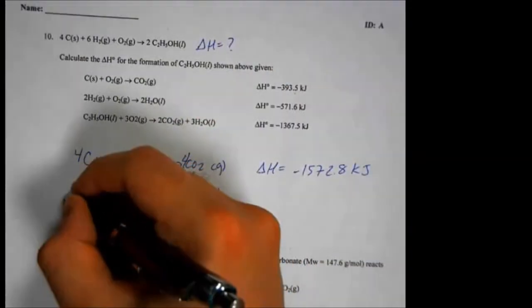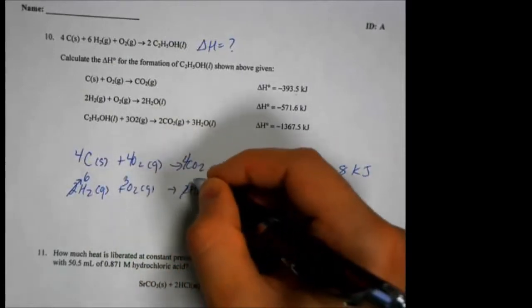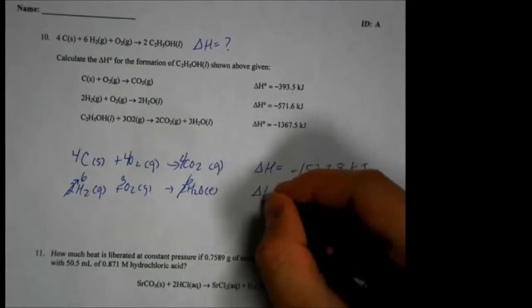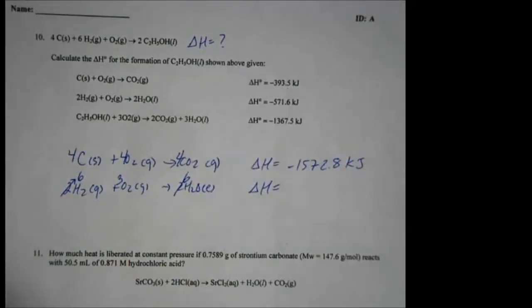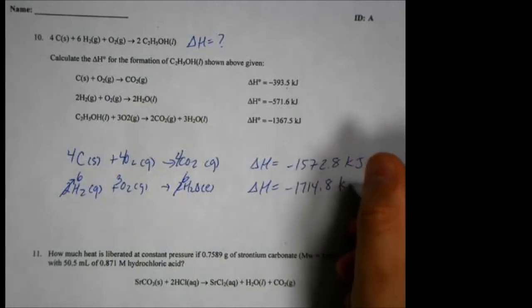So I'm going to make this into a 6, this into a 3, and this into a 6. Okay, so I've multiplied it by 3. That means the delta H here is going to be this negative 571.6 times 3, which gives us negative 1714.8 kilojoules.